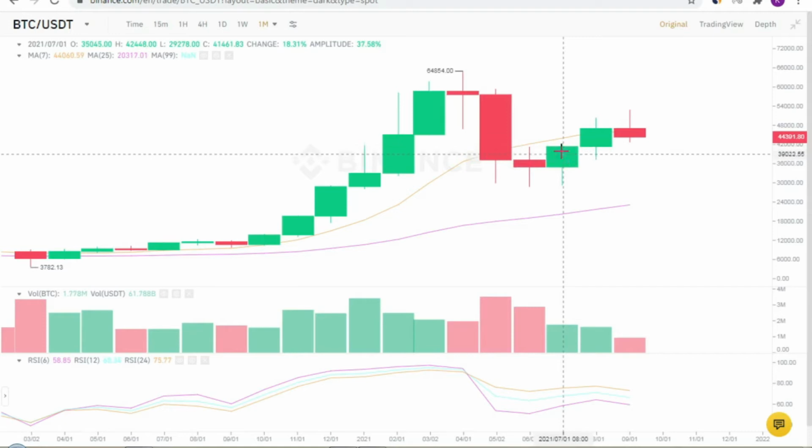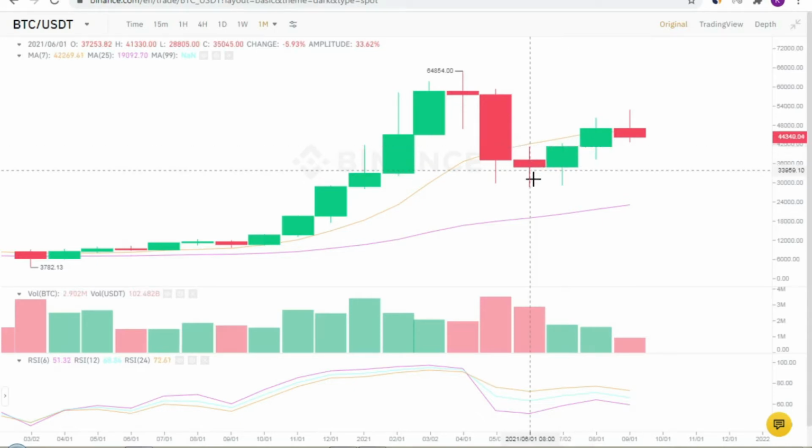Now this month was a good month. This was July. We had an open here. It came down here. This week shows that the price dropped here. The buyers took the price back up to here, and the sellers pushed the price down to here, and the candle closed. So this month was a good month.